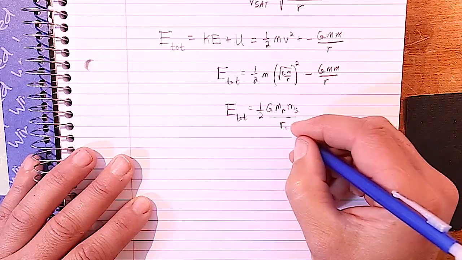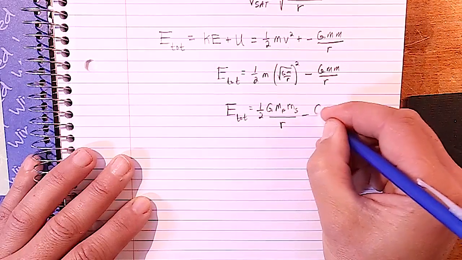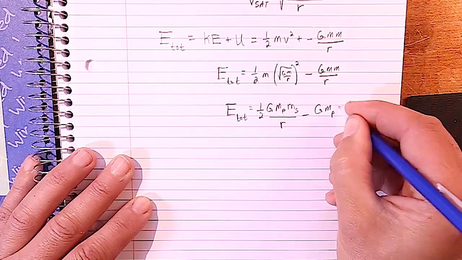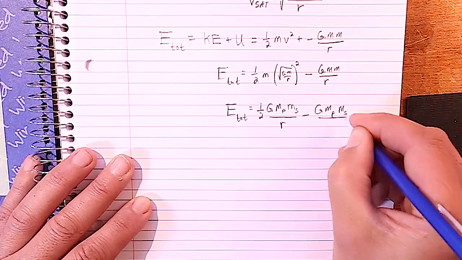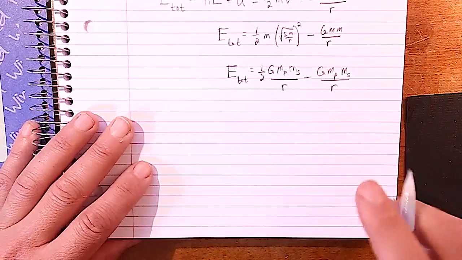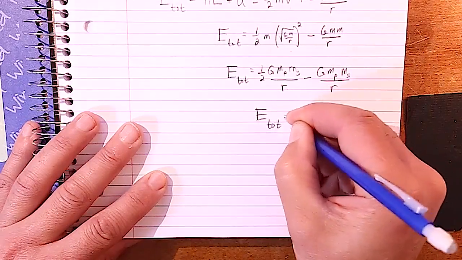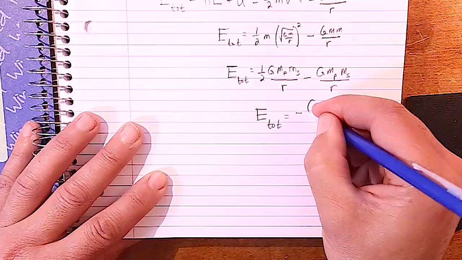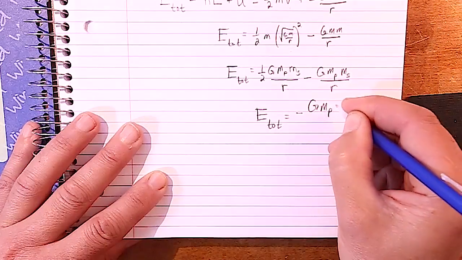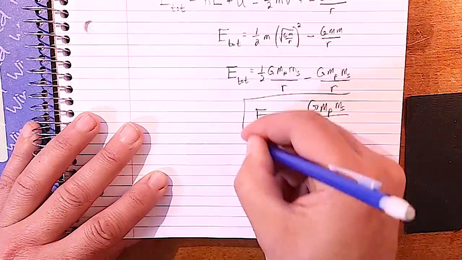R would be the planet to sun distance, minus G, mass of the planet, times mass of the sun over that sun-planet distance. And when we put those together, we end up with E total is equal to negative G, mass of the planet, mass of the sun, all over 2r.